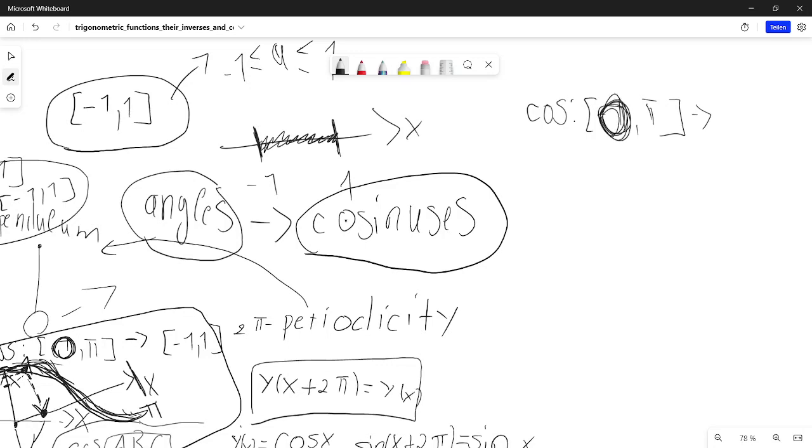I automatically always write minus pi because I like minus pi better. It makes everything symmetric, but of course, in this context, it's wrong. Cosinus minus 1 is the same as arccosinus. It's two symbols for the same thing. This is more mathematical, and this is more engineering.